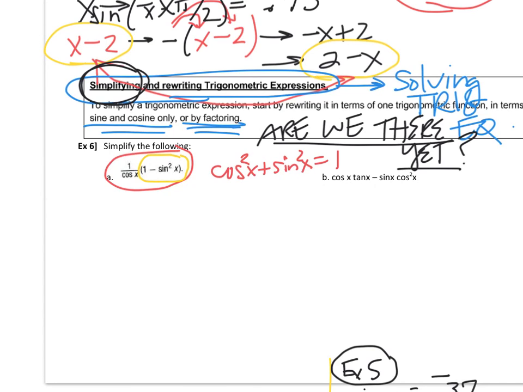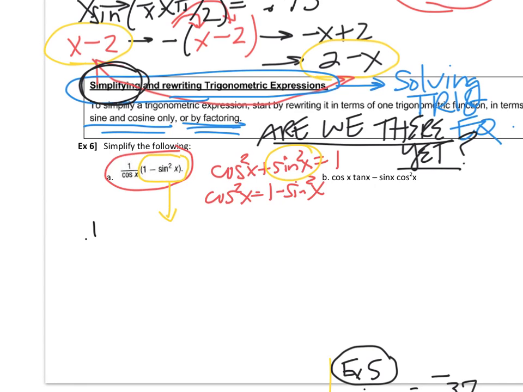So when I see 1 minus sine squared of theta, I know that they just manipulated this, and I know that cosine squared of x is the same thing as 1 minus sine squared of x by just subtracting this from each side. So what we're going to do is simplify this because I think that cosine squared of x is simpler than 1 minus sine squared of x.